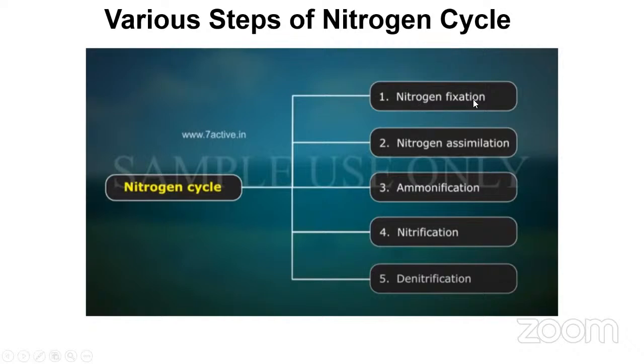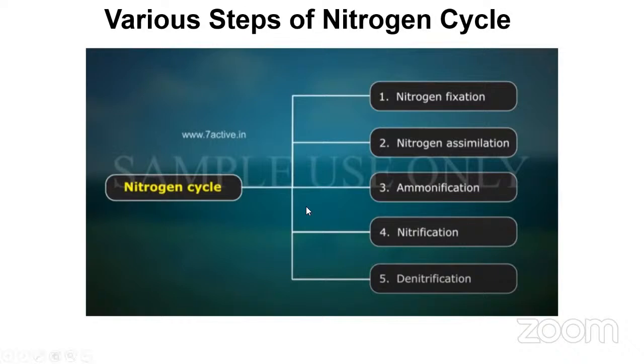In nitrogen fixation, nitrogen is fixed from the atmosphere. Then in nitrogen assimilation, atmospheric nitrogen in the form of nitrates or ammonia is taken up by the plant, and this plant is again taken up by animals, as a result of which animals now have organic nitrogen.